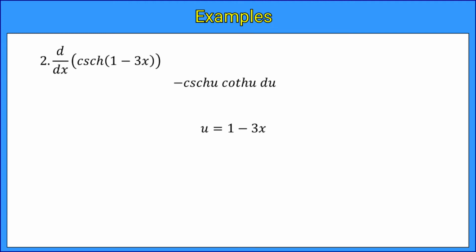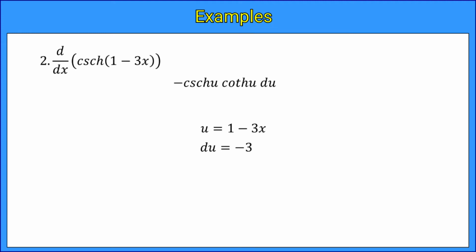Our value for u is 1 minus 3x. And we're going to get the du as well. So again, du represents our derivative for the u itself. Since we have constant 1, automatically we have 0 as our derivative. And for the derivative of negative 3x, we're gonna have negative 3.